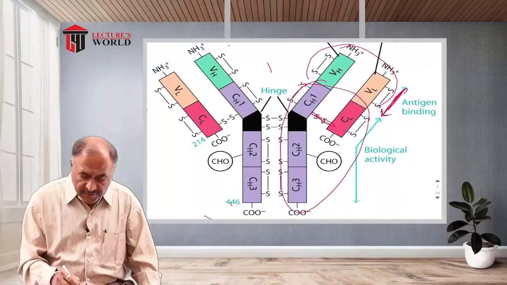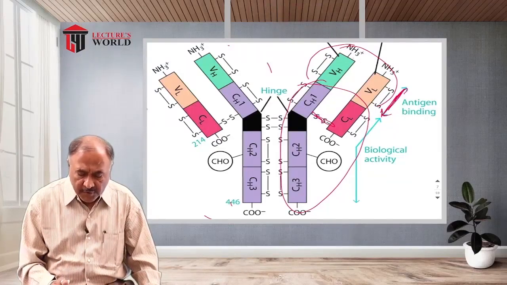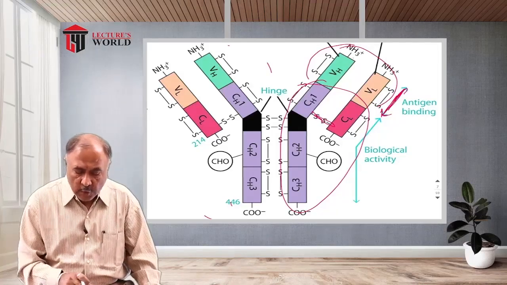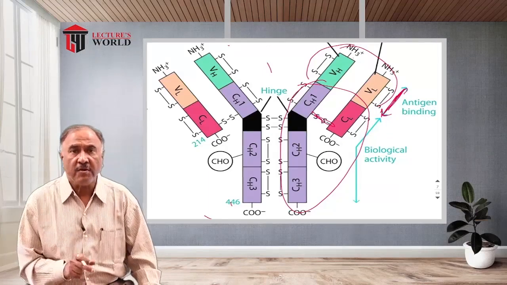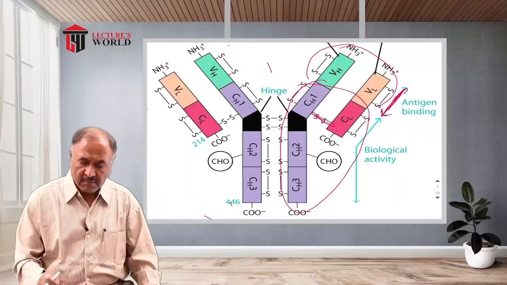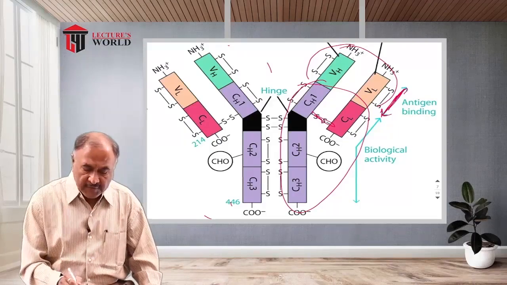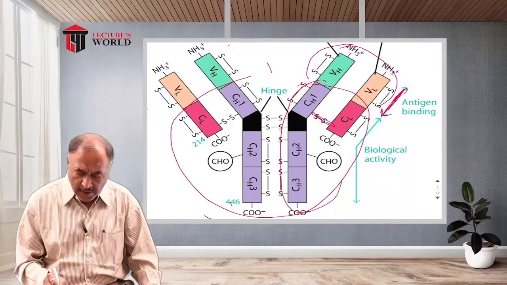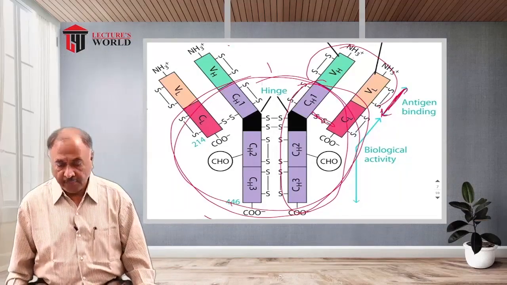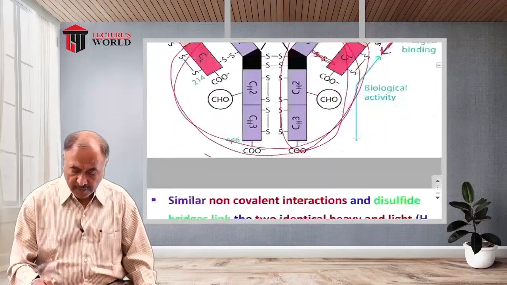This region, as it is responsible for biological activity, is also known as FC region, fragment constant. And this is the fragment variable. So this portion as a whole will be called a fragment constant, FC region, FC. Okay.